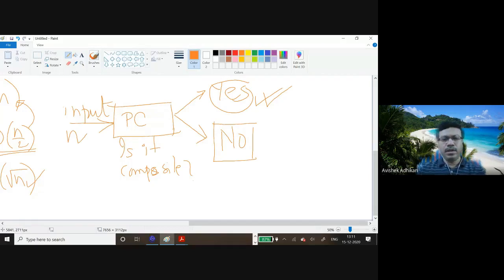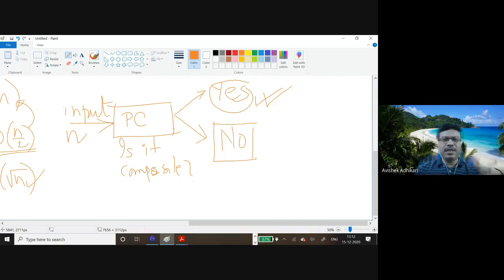Mind that my target is to check primality testing. I may ask another question, is it prime? But here I have asked, is n composite?